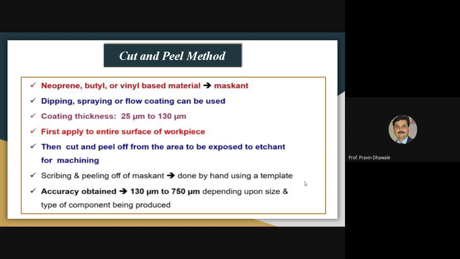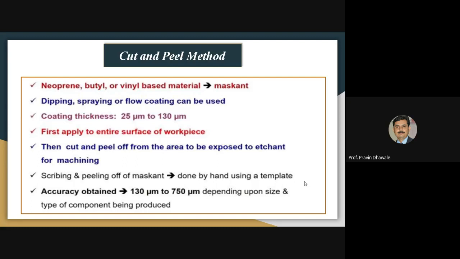During the cut and peel method, first you have to apply the maskant over the entire surface of the workpiece. Then you have to cut and peel it off from the area to be exposed to the etchant for machining. That is, after applying the maskant on the entire surface, you cut the maskant as per the shape required for engraving.